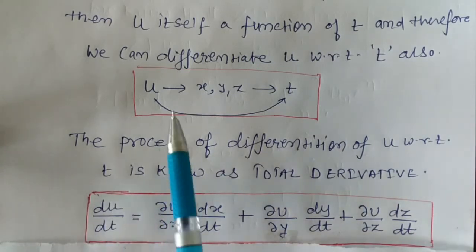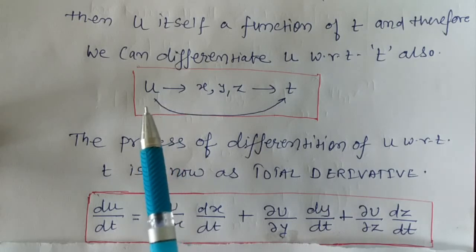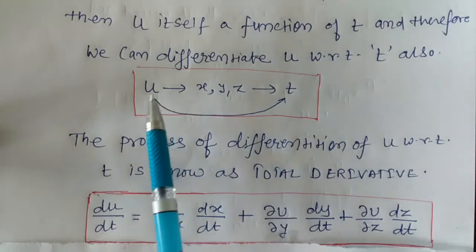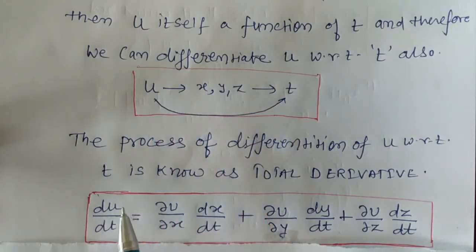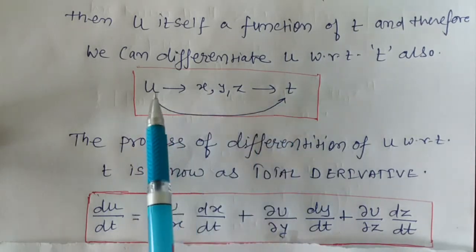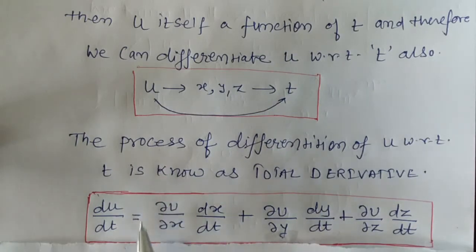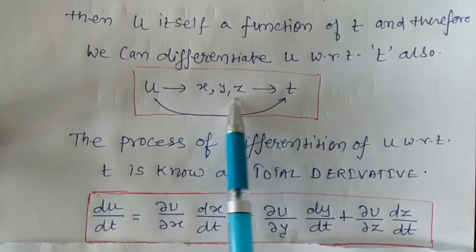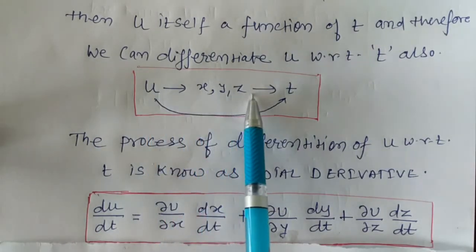But u cannot be directly differentiated with respect to t, because u is a function of x, y and z. So in the process of total differentiation, the derivative of u with respect to t, du by dt, involves del u by del x, because u is a function of three independent variables. So you get partial differentiation with respect to x, y and z.